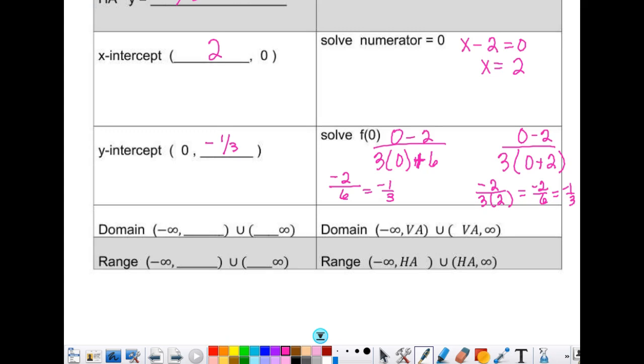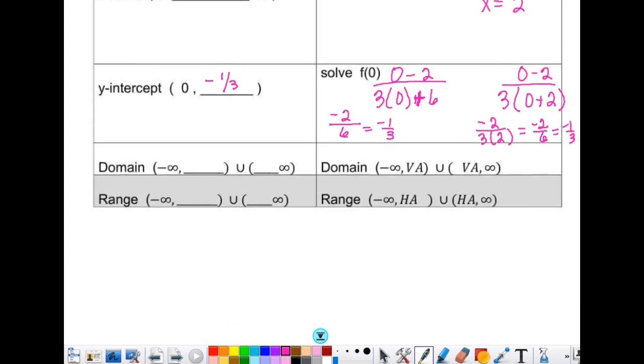Now the domain, I like to just say the domain is all real numbers. It's not equal to the vertical asymptote and not equal to the x of the hole.